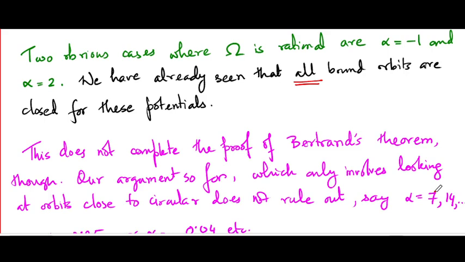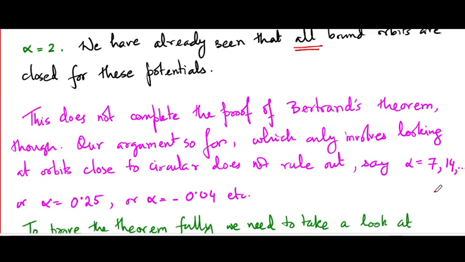However, this does not complete the proof of Bertrand's theorem though. Our argument so far, which only invokes looking at orbits close to the circular, does not rule out, say, other values, for example, alpha equal to 7, or 14 or 34 would have given rise to closed orbits close to the circular.